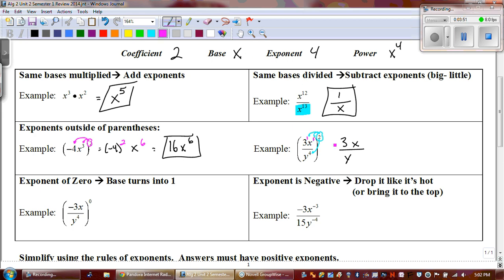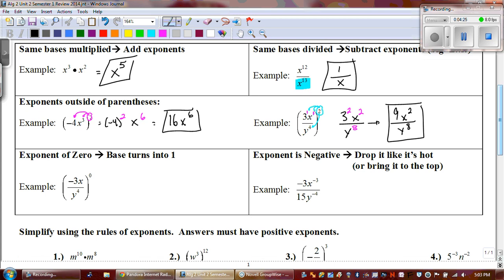So 3 will now be to the 2nd power. That x is to the 2nd power, and the y is now to the 8th power because we're multiplying everything. And we always want to reduce, okay? Now the x squared and the y to the 8th, those stay the same. We can't do anything, but we know what 3 squared is. That's 9. And that's it.